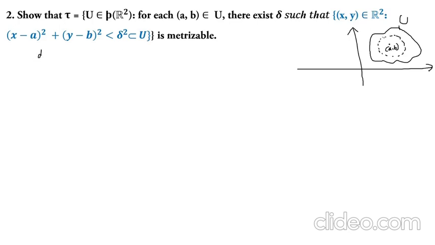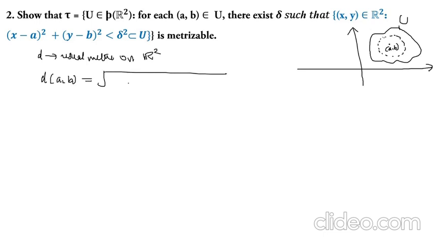So as usual we consider a metric. Here also we consider the usual metric on R2. The usual metric on R2 is given by D(A, B) equal to the square root of (x2 minus x1) whole square plus (y2 minus y1) whole square, where A is equal to the ordered pair (x1, y1) and B is equal to the ordered pair (x2, y2).